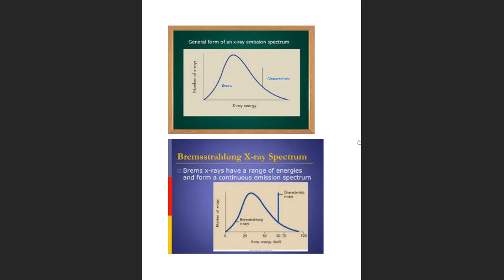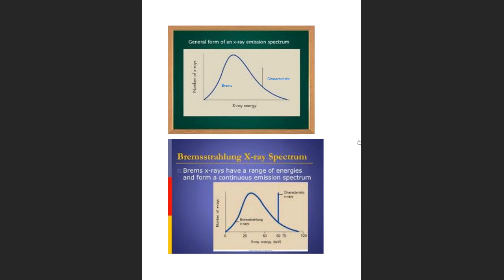If we know that 99% of the interactions are going to be heat, then as the number of projectile electrons increases, so does the amount of heat that's being created. Does that make sense so far? Okay, that's the broader picture.